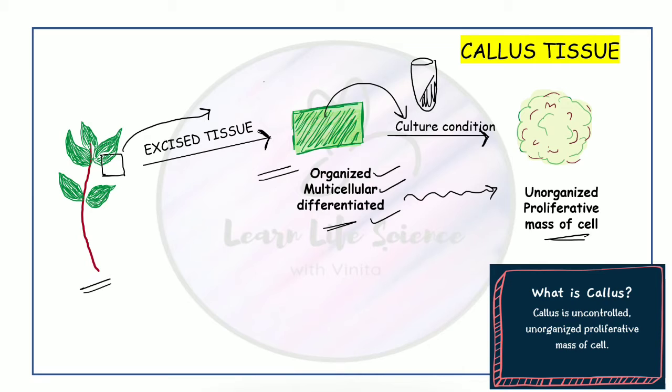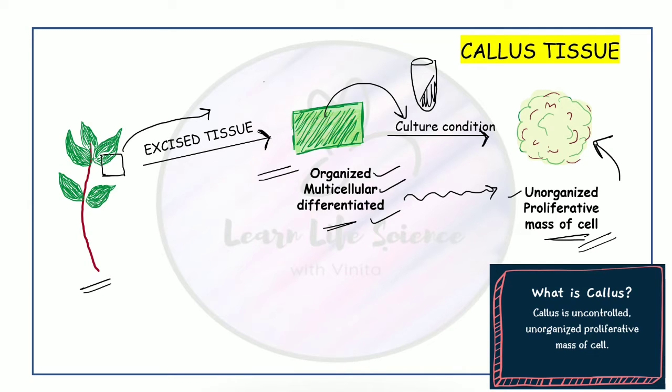Here, the auxin and cytokinin start the signaling process in the cells. Signaling means they initiate the expression of certain genes which cause the cells to rapidly proliferate or multiply. And this results in the formation of an unorganized mass of cells.